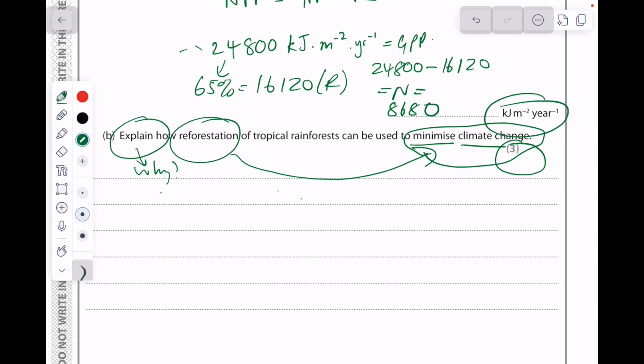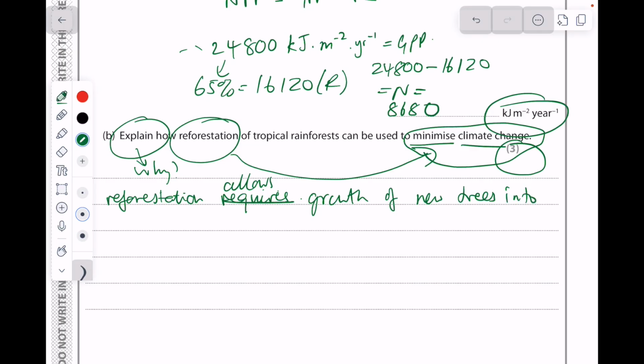Okay. So we've got reforestation. Reforestation requires or allows growth of new trees into forests. Okay, so the key thing being growth.